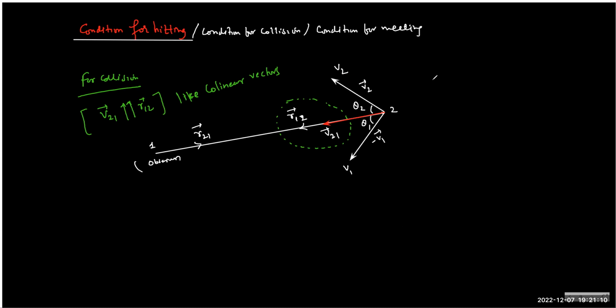So the answer is this. If two vectors are parallel, then their unit vectors must be equal.